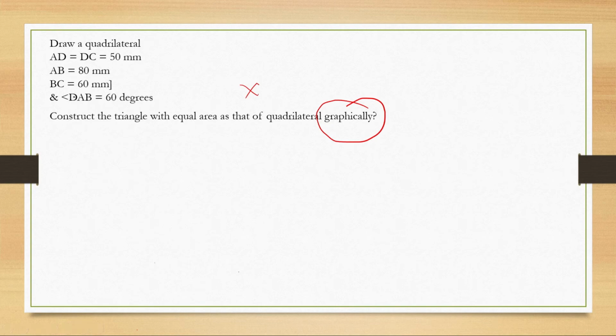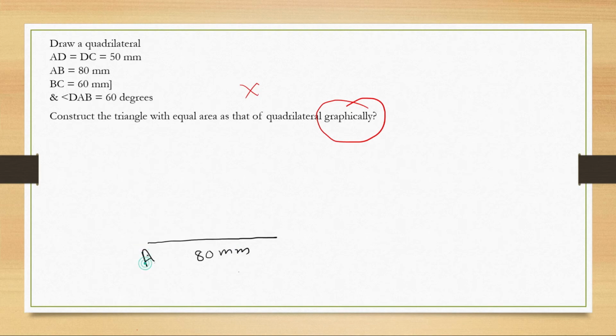We have all the information given here, so we will draw our rough diagram. Consider any arbitrary point A, and from A you make one line. Don't worry about the dimensions, it's just a rough diagram. So consider anything, 80 mm.